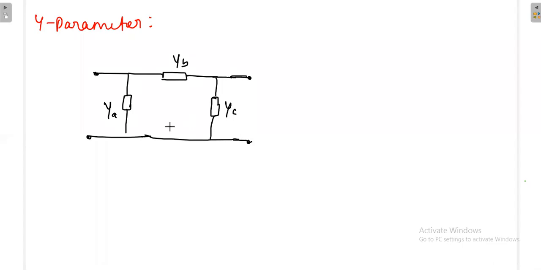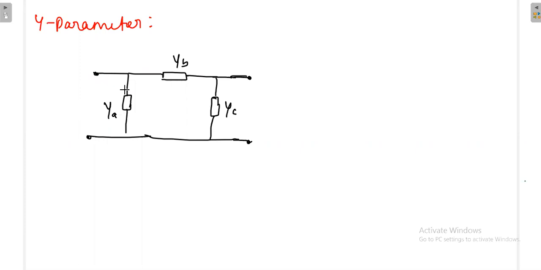So this is an unsymmetrical network. But if ya, yb, yc are all resistors, or passive elements, then this network will act as a reciprocal network.